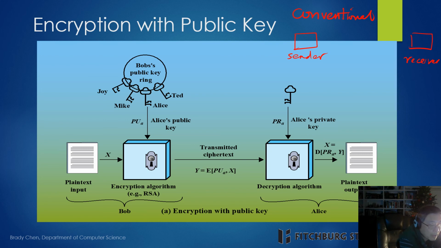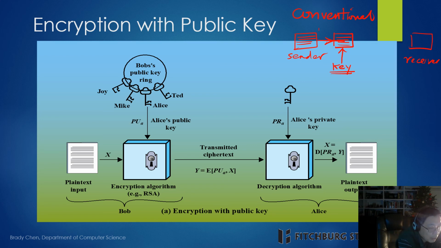When the sender tries to send a message, the sender first takes the message, which we call the plain text, and the message is mixed with the key. The key is a secret sequence that only the sender and receiver know.